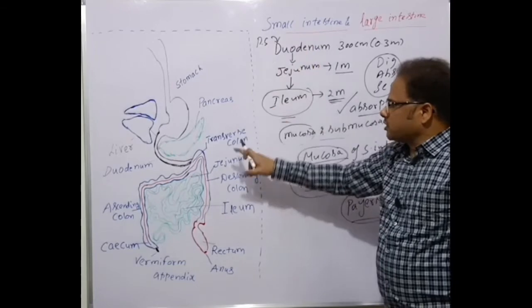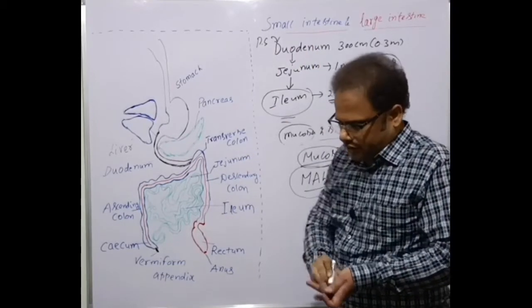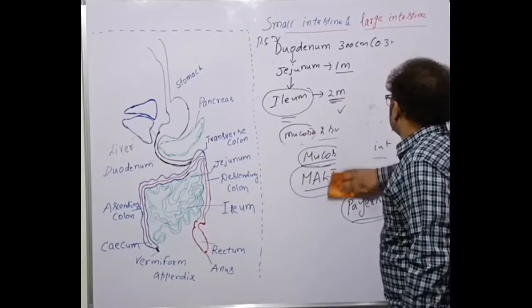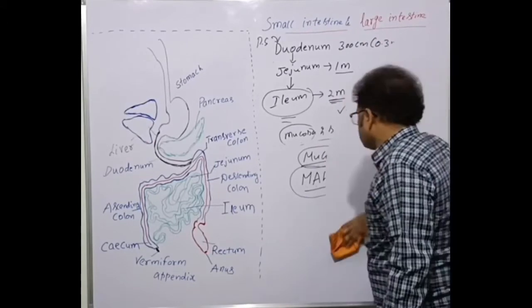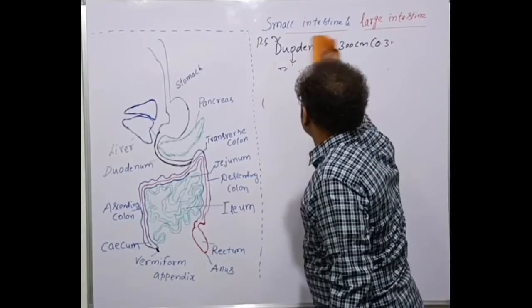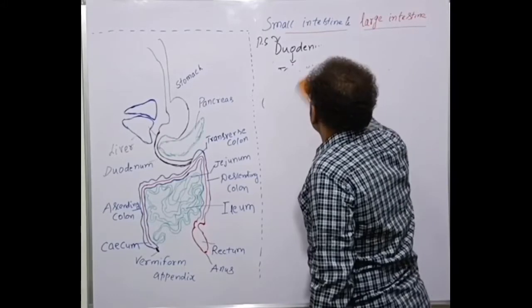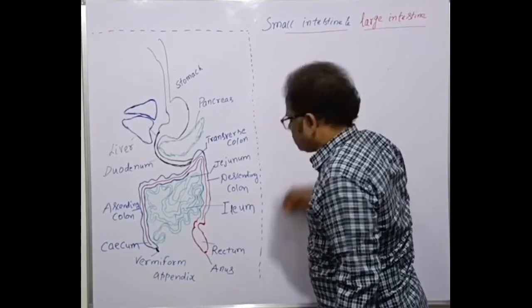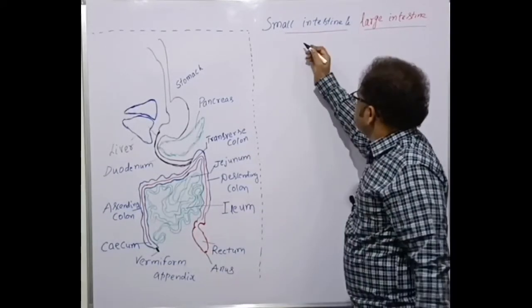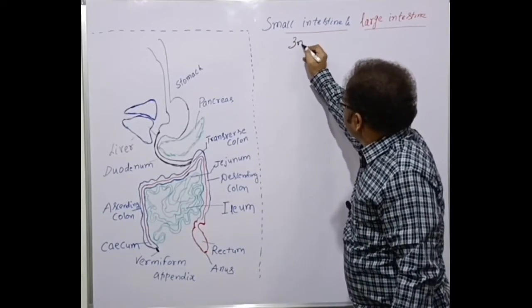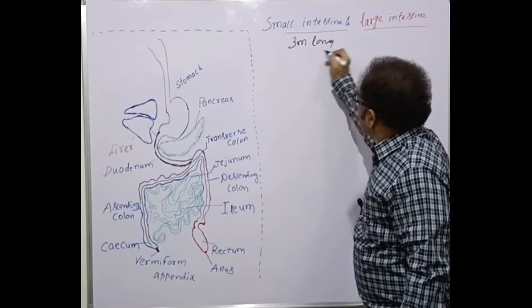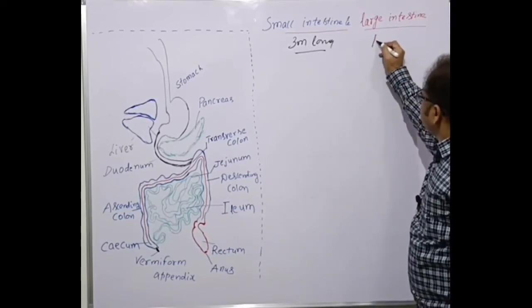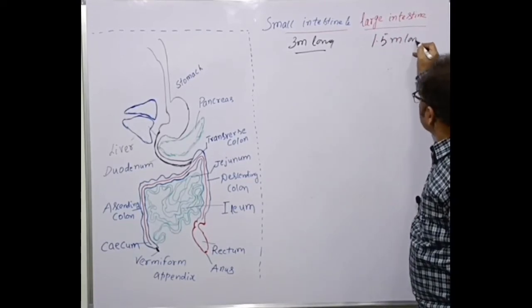Next, let's discuss the large intestine. The small intestine, I told you, is roughly 3 meters long, whereas the large intestine is just 1.5 meters long.